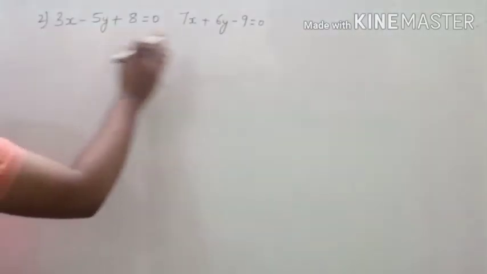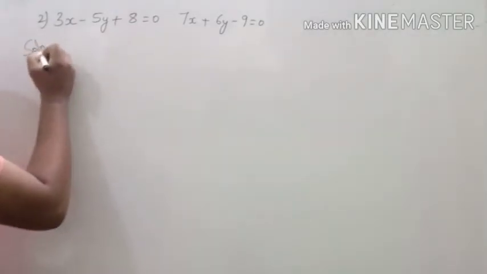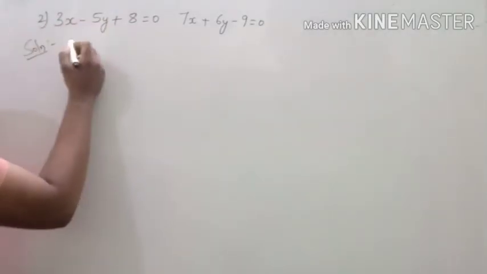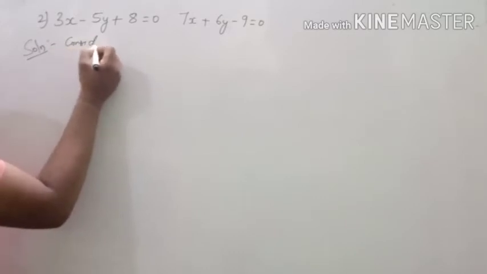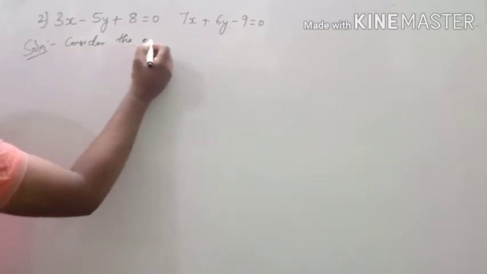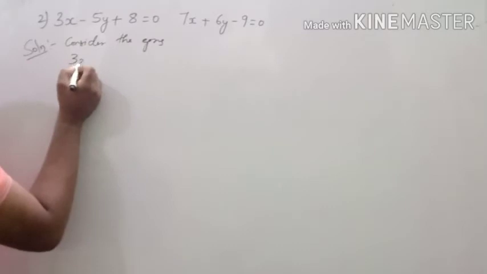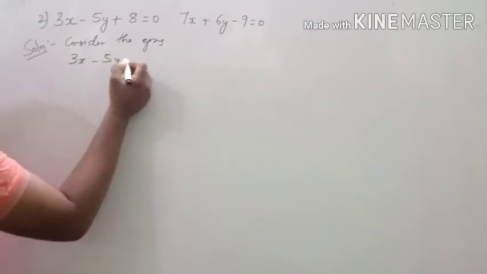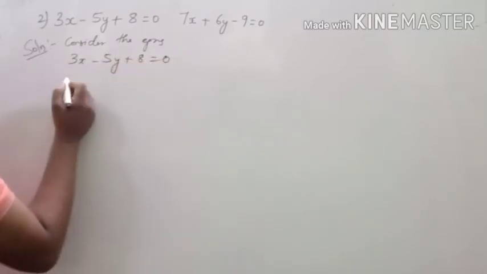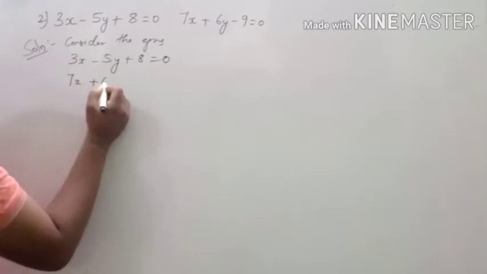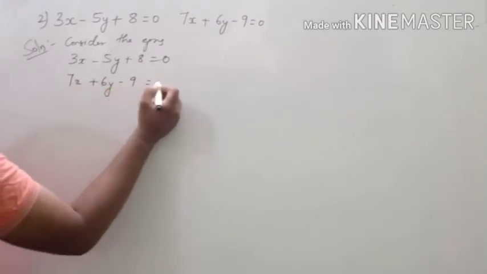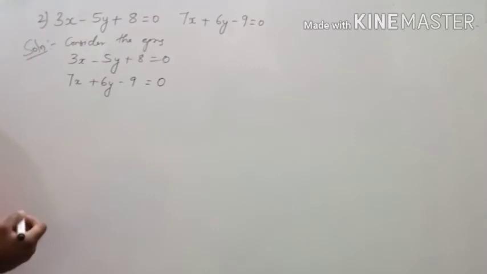Now these are the two equations for the solution. So first we'll consider the equations, that is 3x minus 5y plus 8 is equal to 0 and 7x plus 6y minus 9 is equal to 0. So we'll compare the ratios.